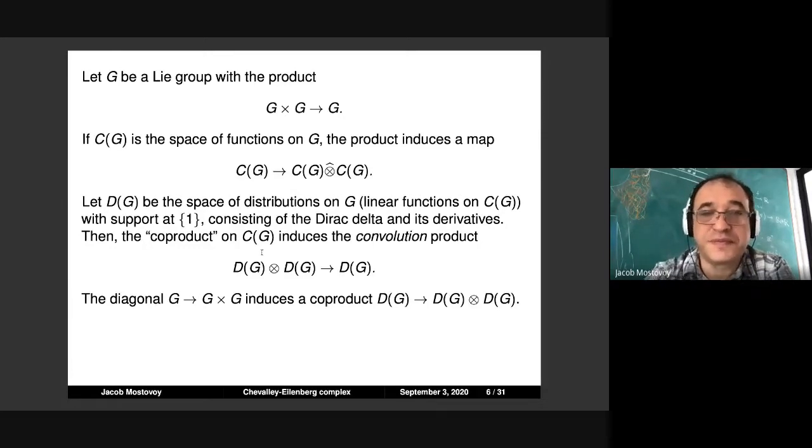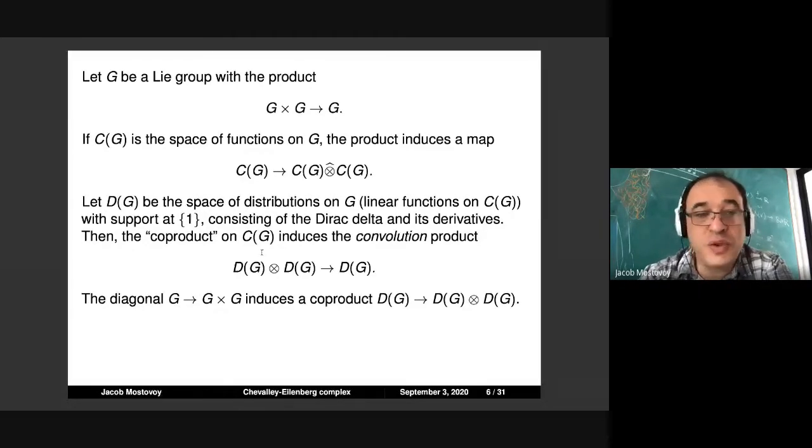So we have a coproduct on the space of functions, and if we consider the space of distributions on G, which is linear functions on functions, then we get a convolution on the distributions.